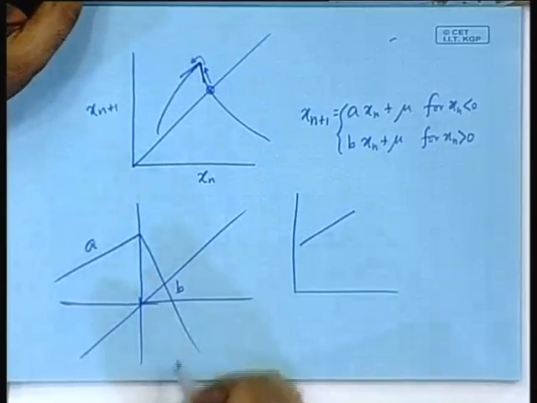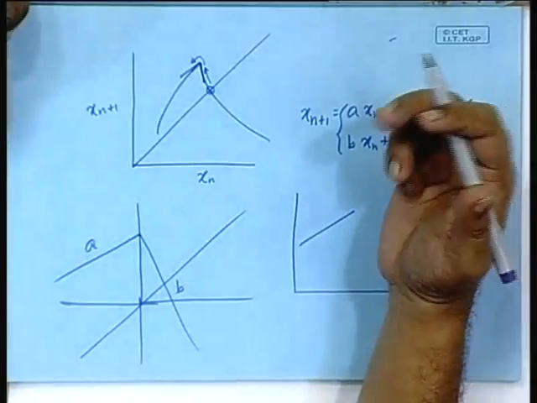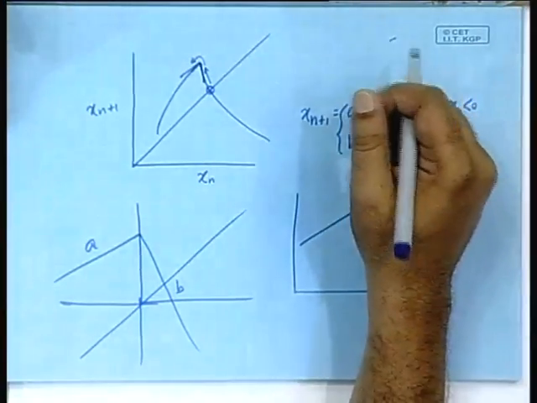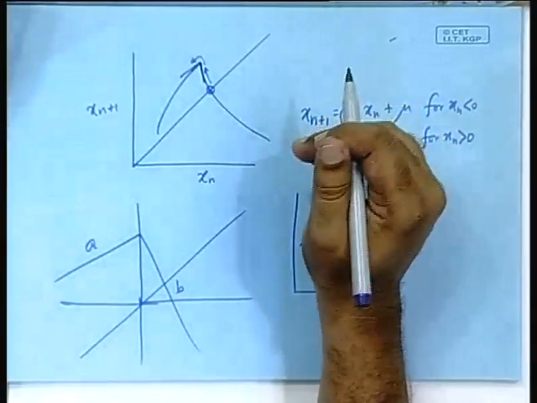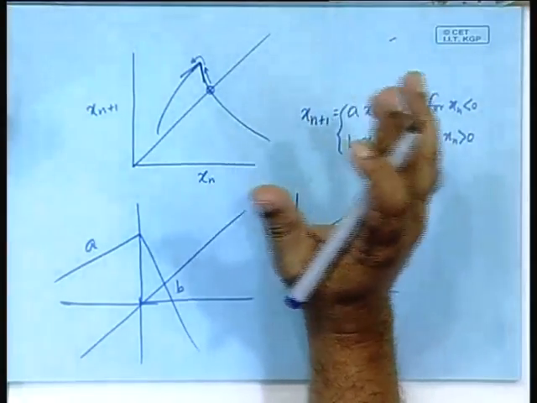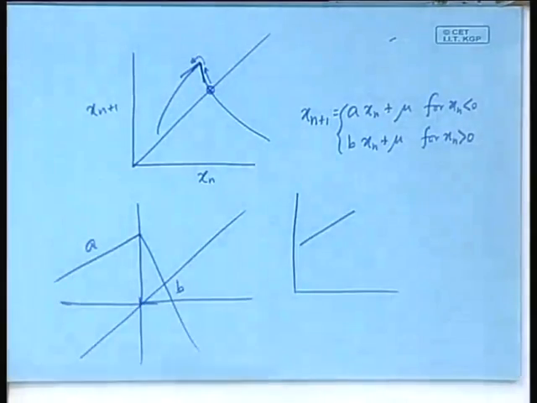So, it is a piecewise linear map. Probably you are now able to see the link between this map and the map that we had considered while talking about the Frobenius-Perron operator, that was a piecewise linear map. So, that occurs in many physical systems. So, we are out to understand what happens for different values of A and B.